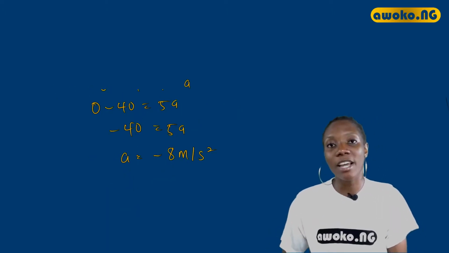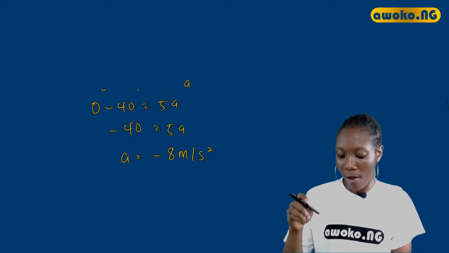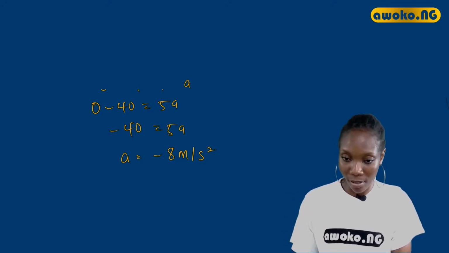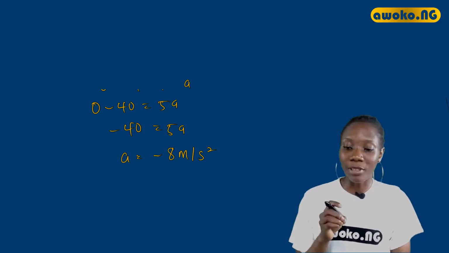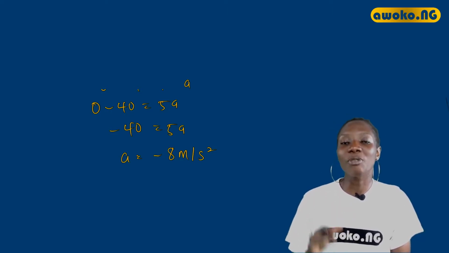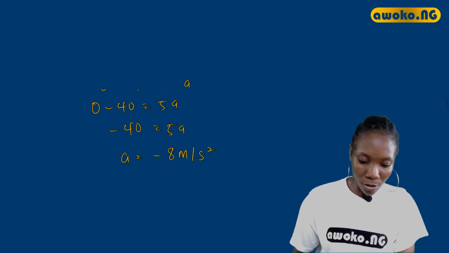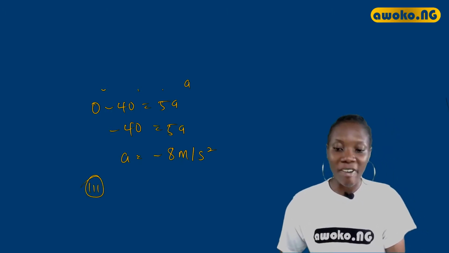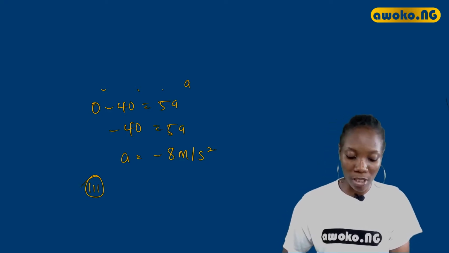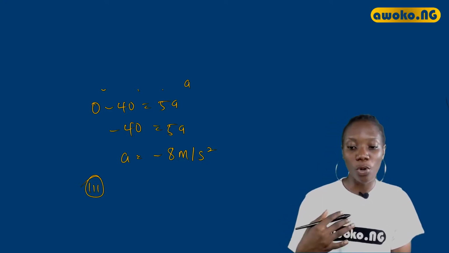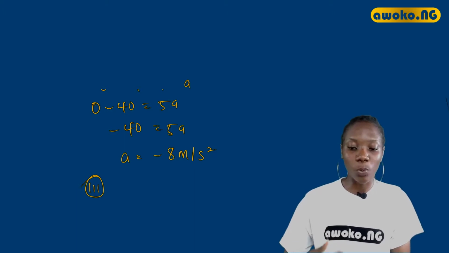The negative sign shows that the velocity is decreasing. So the acceleration is indeed a deceleration, or is indeed reducing, okay? Now, the last question, which is to find the total distance covered in the entire motion. This one is also easy to do, but we need to break the journey down one after the other.